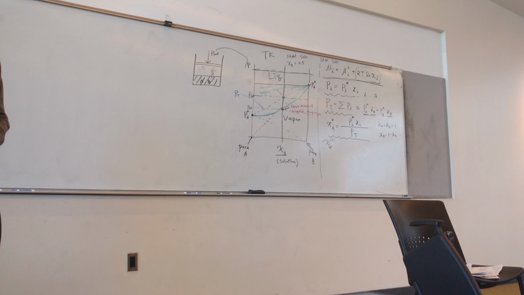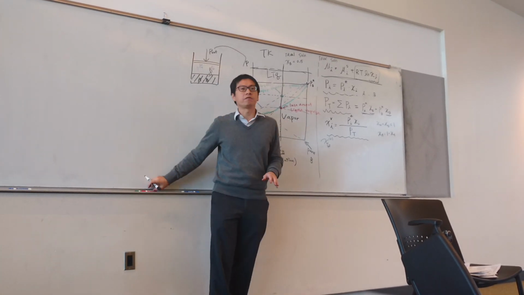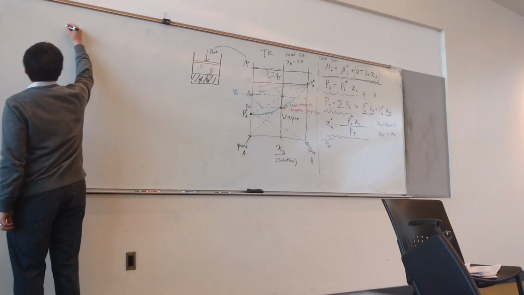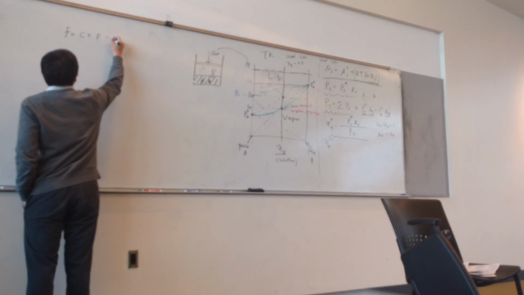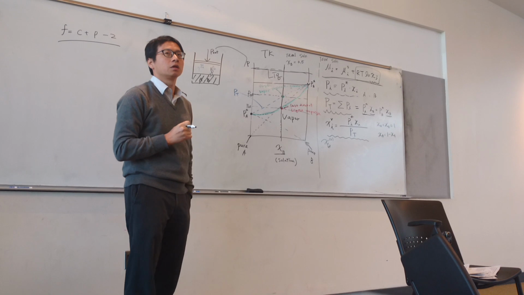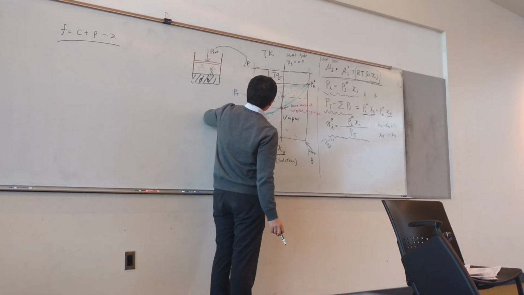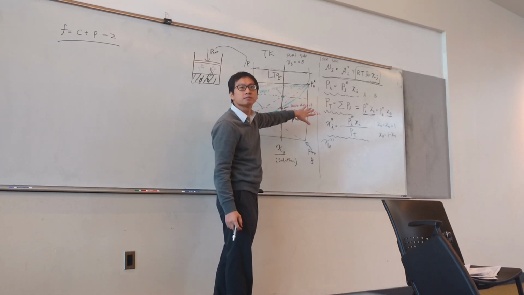All right? So if you notice, I can ask so many questions. For example, we learned the phase rule, right? The phase rule says the degrees of freedom to describe a system is C plus P minus 2. At different pressures, you have different phases inside your system.